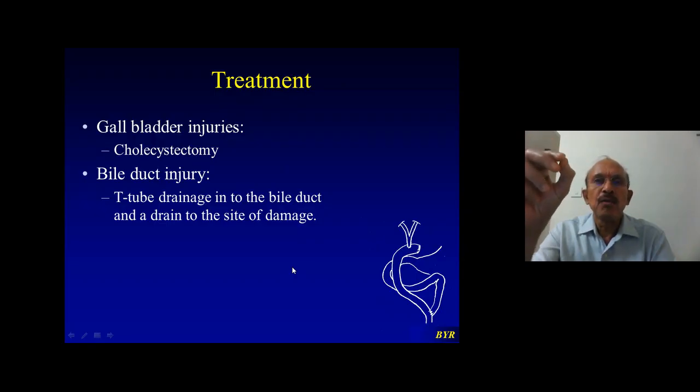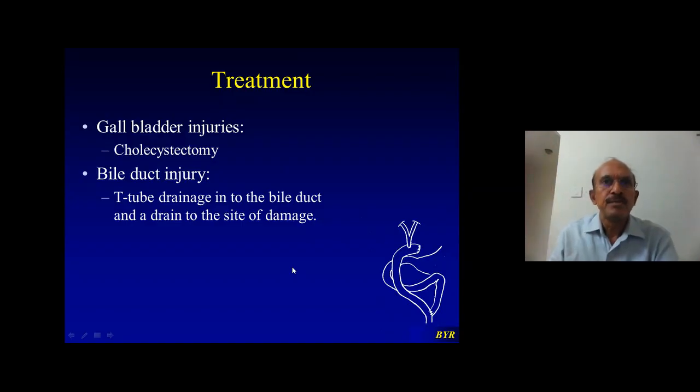Similarly, here also, whenever there is a partial injury of the bile duct, you insert the T-tube and leave the T-tube outside. Keep a drain at the site of the operation, so that if any leak is there, that fluid will come outside.